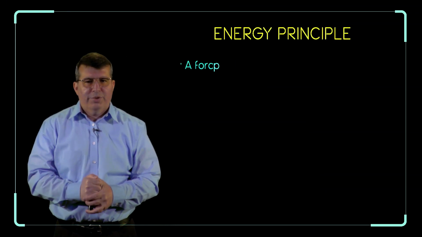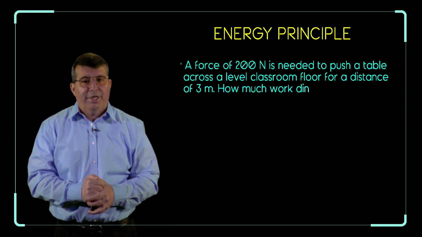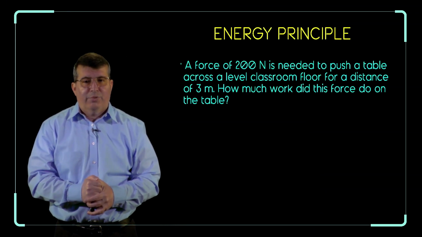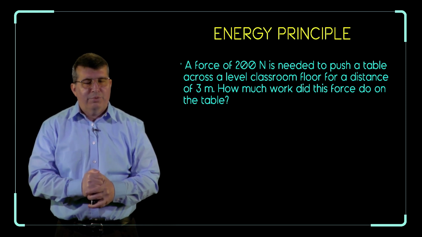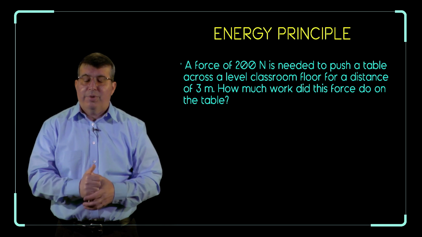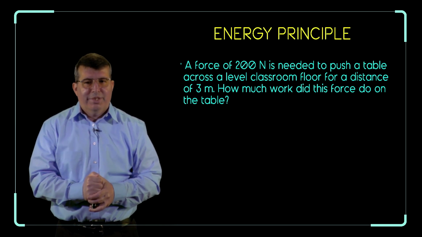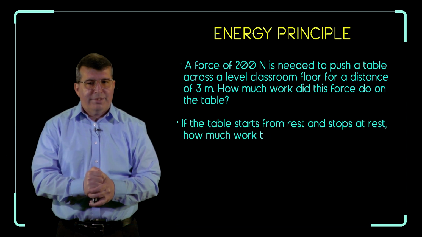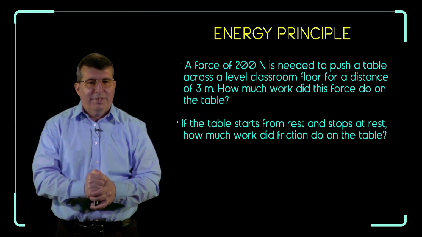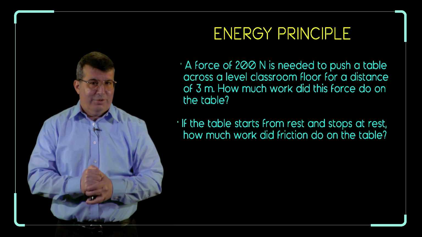Okay, another question. A force of 200 newtons is needed to push a table across a level classroom floor for a distance of 3 meters. How much work did this force do on the table? So that's one question. How much work did the force do? But then the second question is, if the table starts from rest and stops at rest, how much work did friction do on the table?